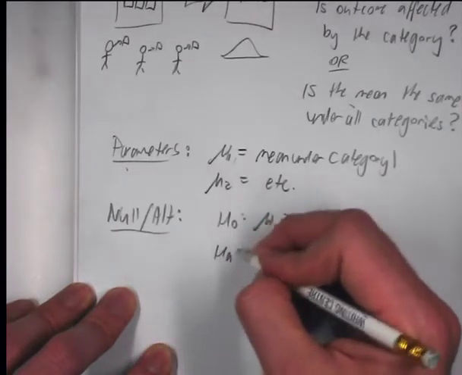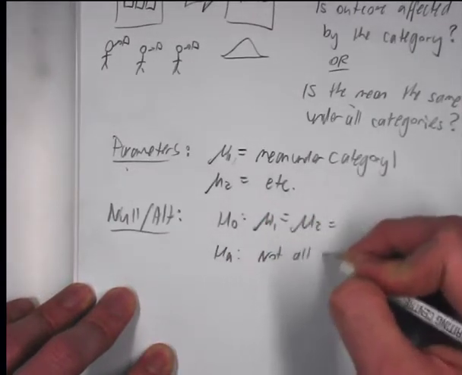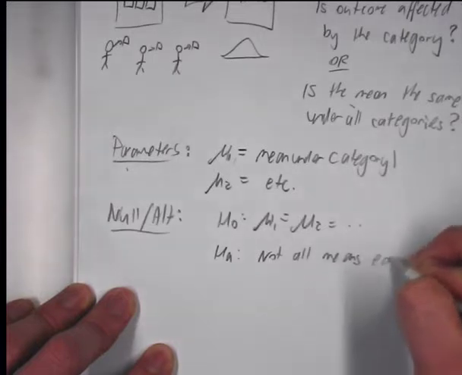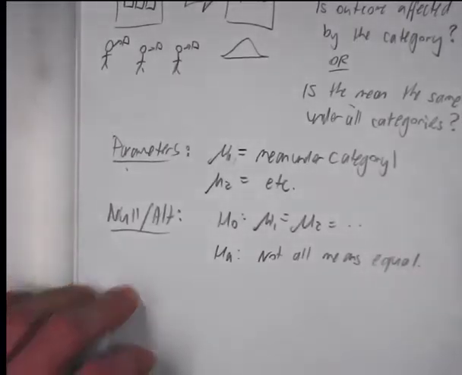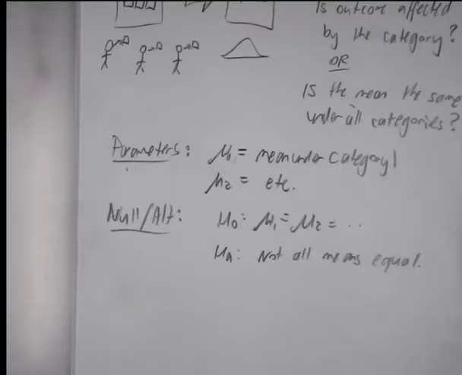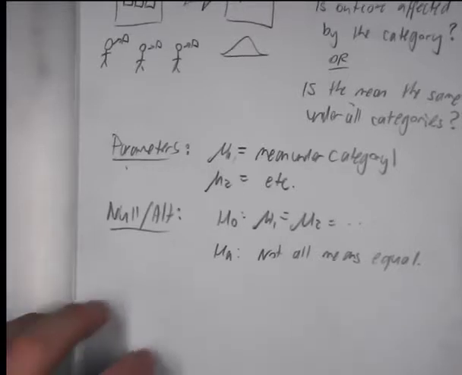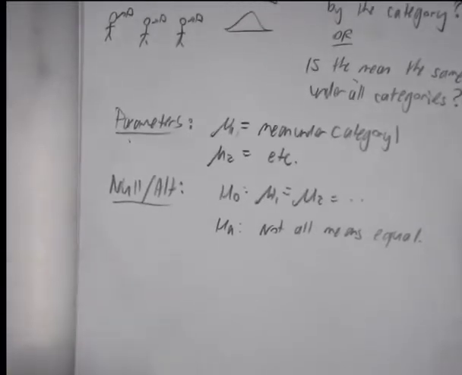And HA is not all means equal. And you can write that statement no matter which Anova it is, because that's the safest way to say it. Because you're not saying that all the means aren't equal, you're just saying that they're not all equal. So it could be that 4 of them are the same and the last one's different. But you're not specifying which of those options it is.